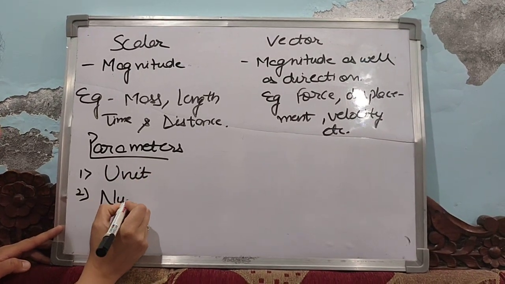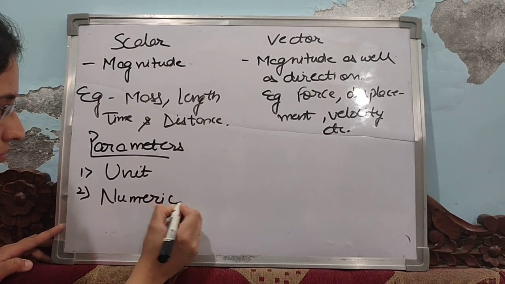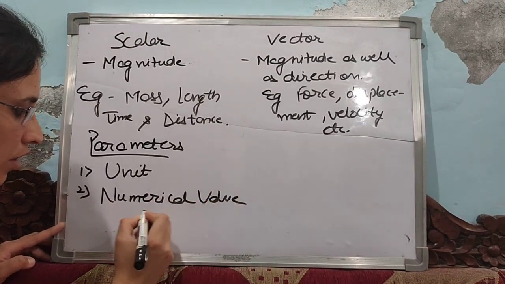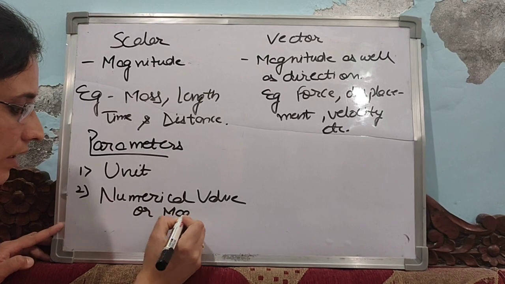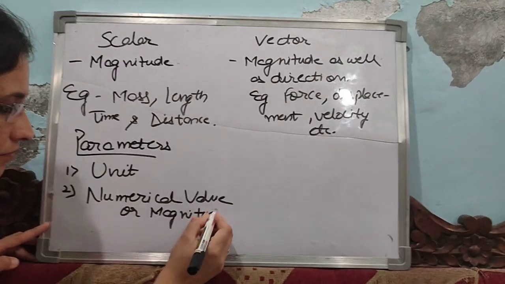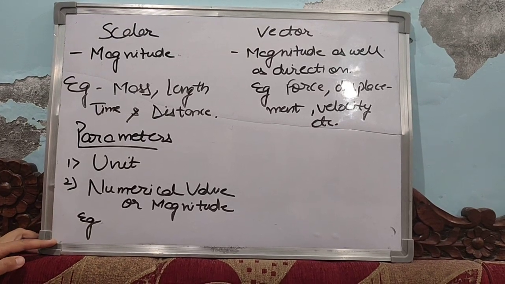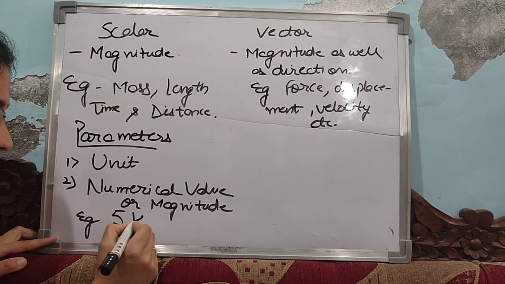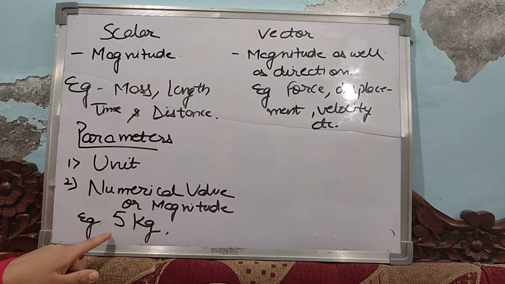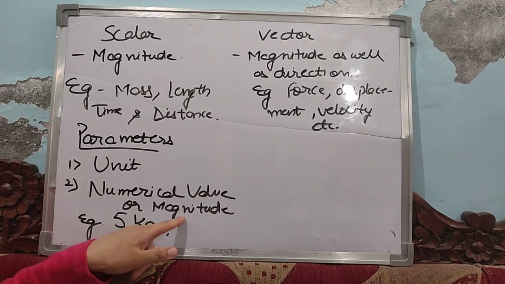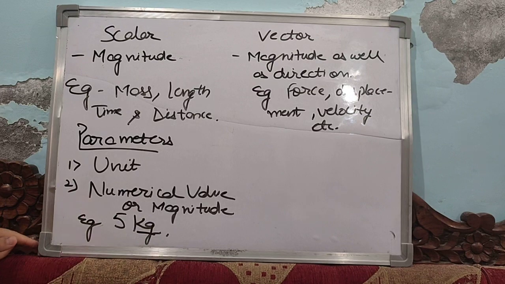Second is numerical value, or we can say magnitude. For example, if I say that the mass of a body is 5 kg, then in this example 5 is your magnitude and kg is a unit.